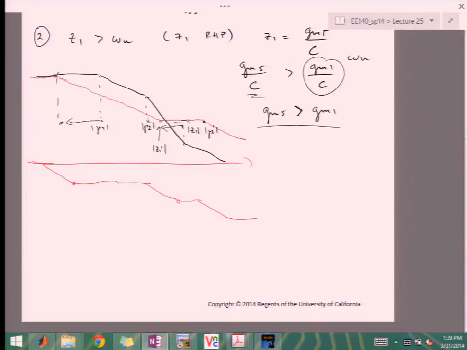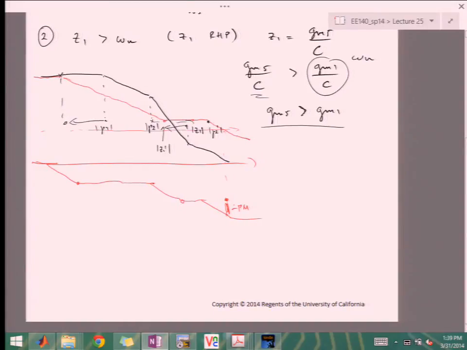Because of this flattening, your unity gain frequency may be somewhere over here, so by the time you cross, you have a negative phase margin. Or if you're crossing somewhere earlier, right about where the zero is, you don't have much phase margin just because of the zero, maybe 30, 40 degrees.